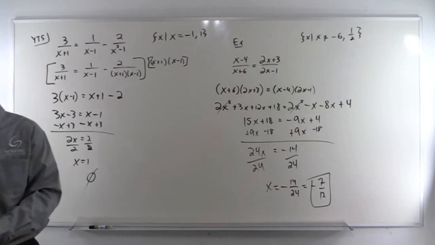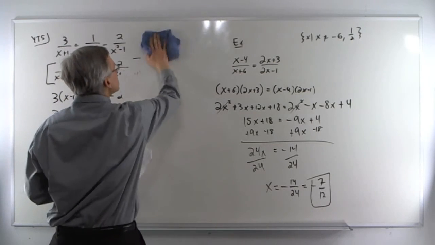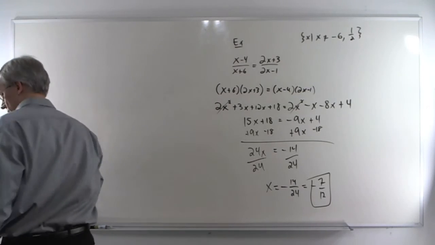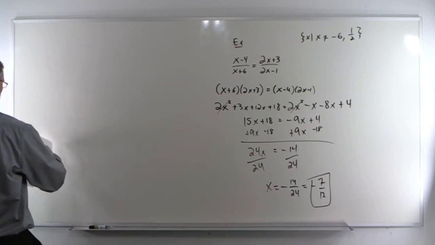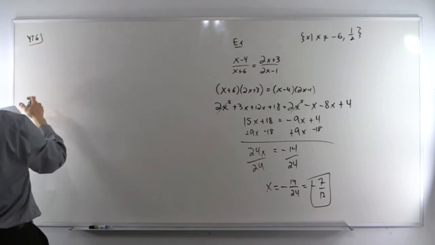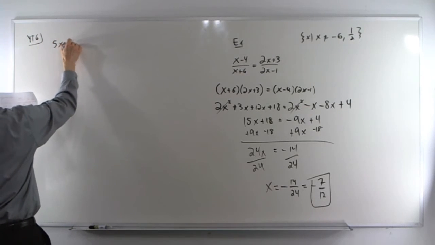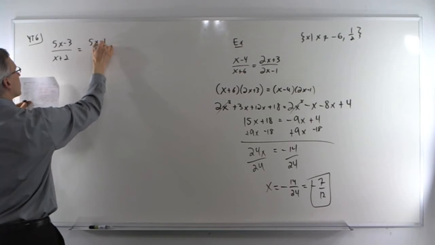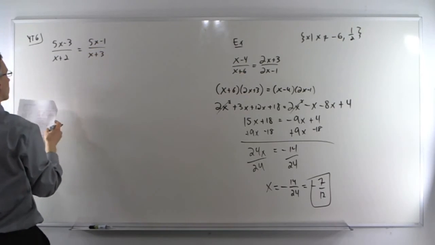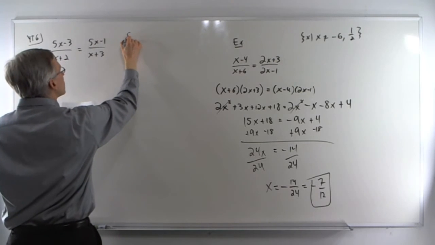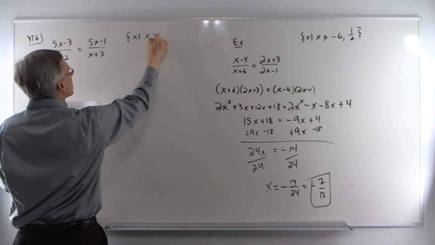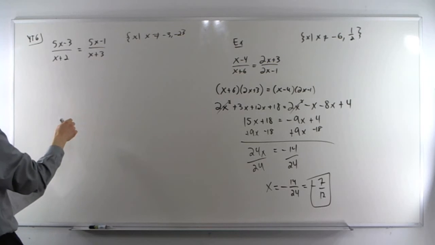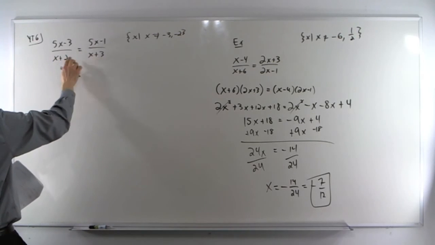Your turn, number 6. All right, so two values that produce division by 0 are negative 3 and negative 2.